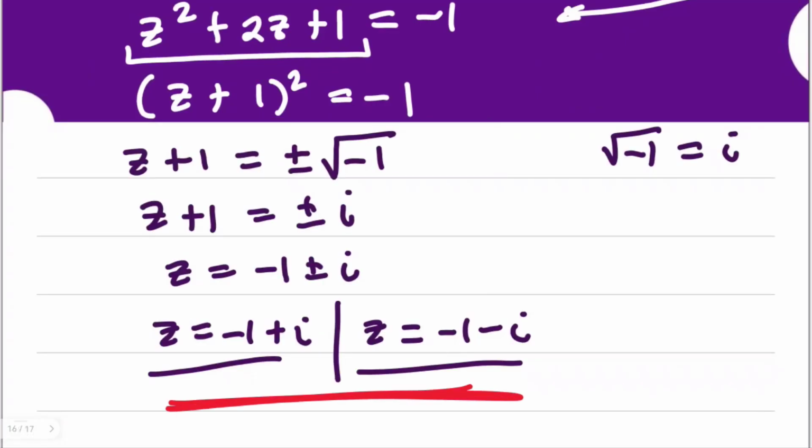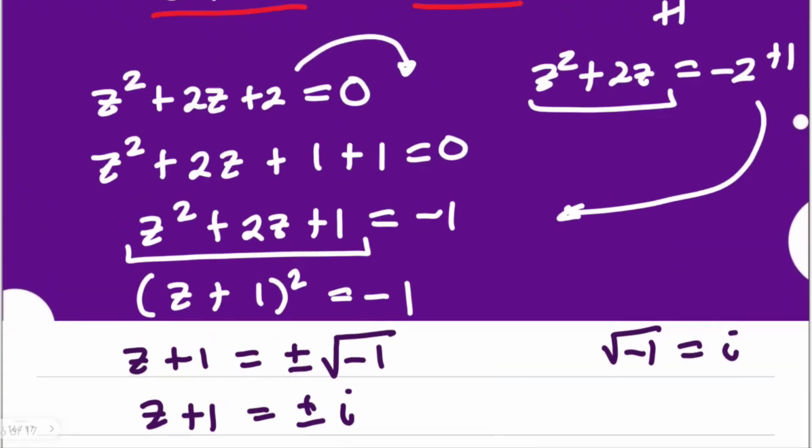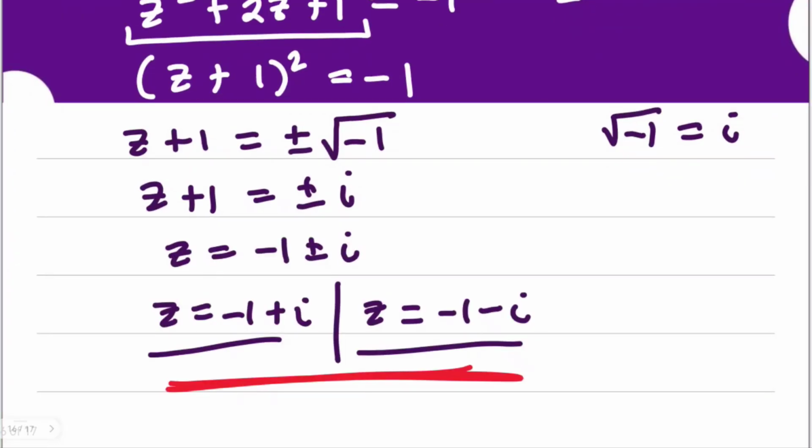Of course, you could use as well the quadratic formula. This would be your a, b, and c. So a is 1, b is 2, and c is 2, without needing to come up with another term for making one side a perfect square trinomial. You can simply use the quadratic formula.